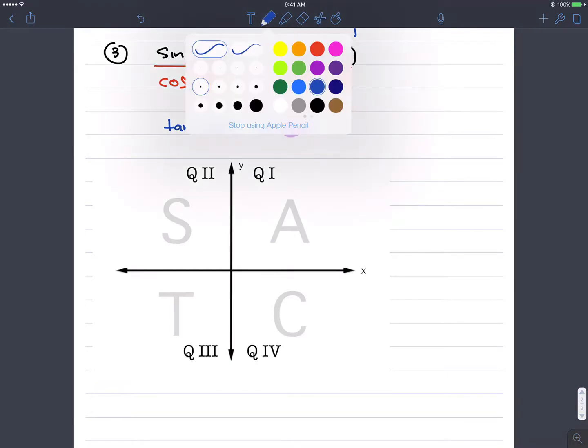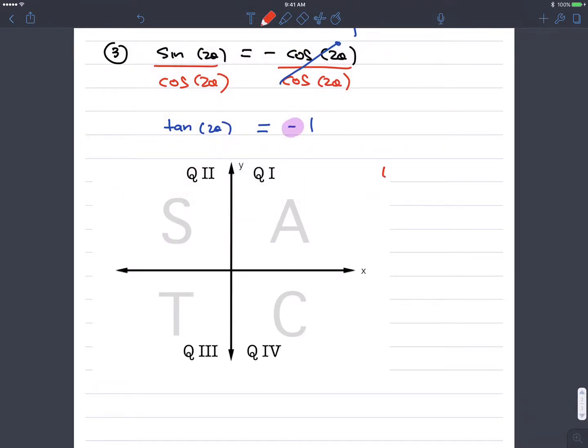So if we're going to consider our reference, we need to consider where tangent 2 theta is positive 1 over 1. So our right triangle now will look like this. Two theta, 1 over 1. You already know this is square root of 2.